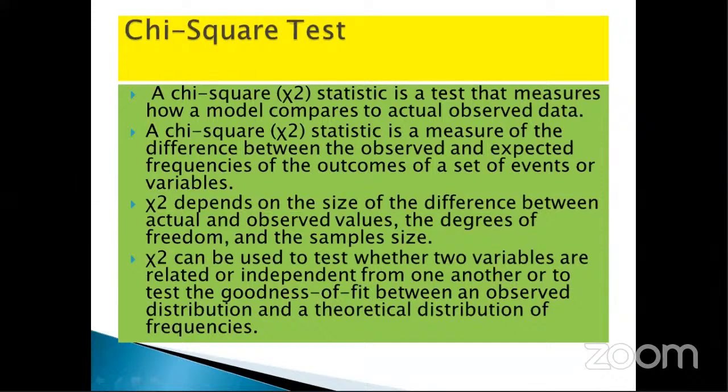That's why chi-square is known as a goodness of fit test. This is seen between the observed distribution and the theoretical distribution of frequencies.